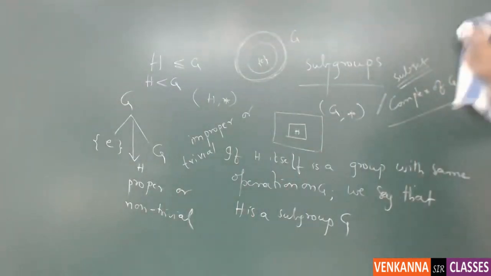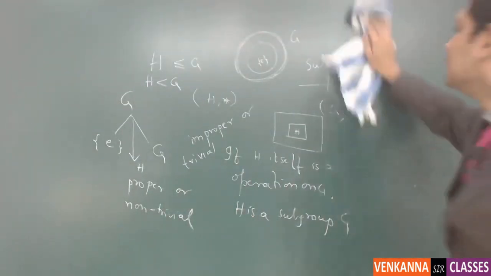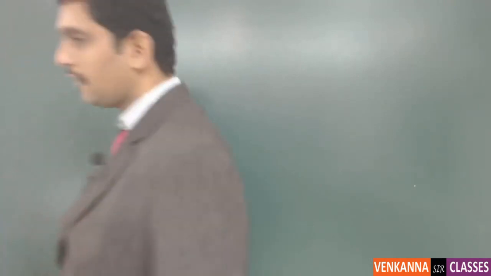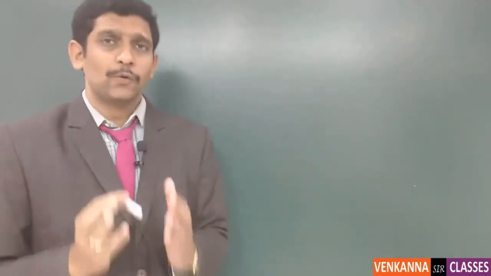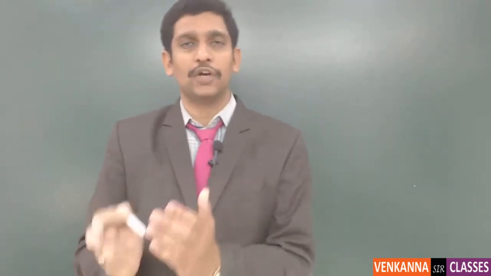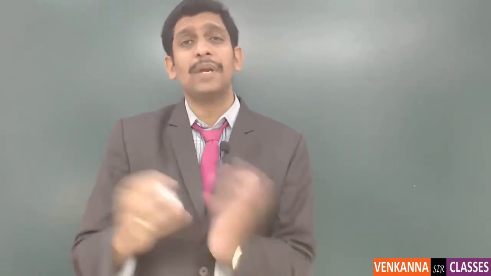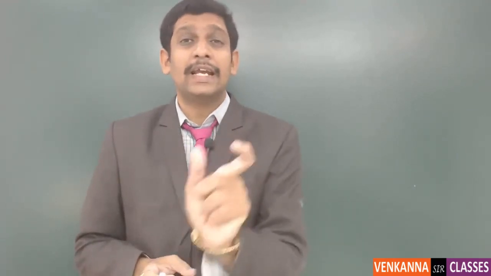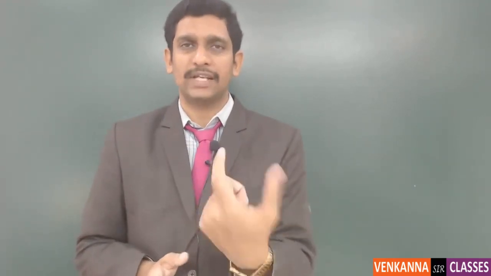Now, there are certain properties satisfied by subsets, that is, the complexes of a group. Complex of a group means it is a subset of the group. The subset may become a group or not, but generally you can say the technical word of a subset is complex.